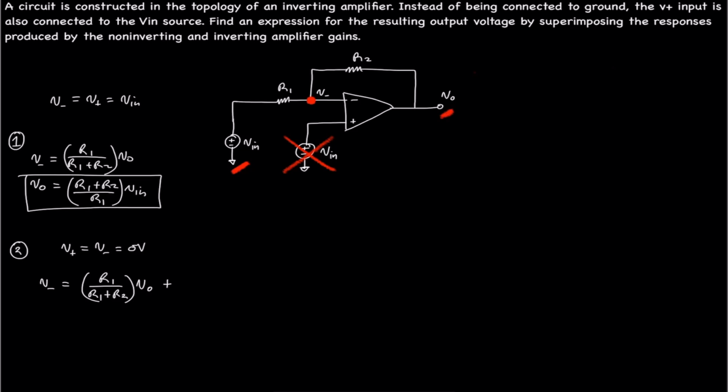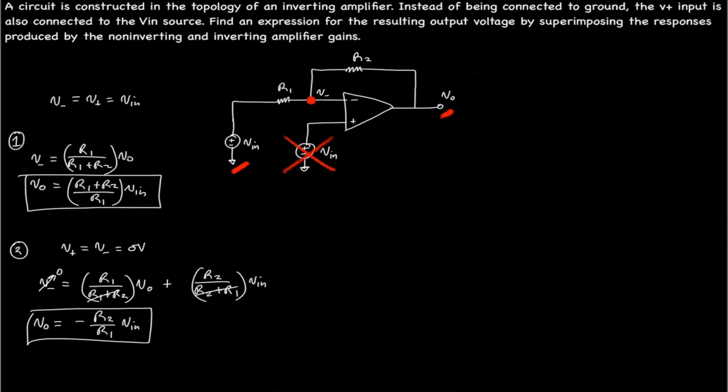In this case we ground V out, so we then find the voltage across R2 with reference to ground. That's R2 divided by R2 plus R1 times V in. We then solve for V out by setting V minus to 0 by virtual short, and V out is equal to negative R2 divided by R1 times V in.